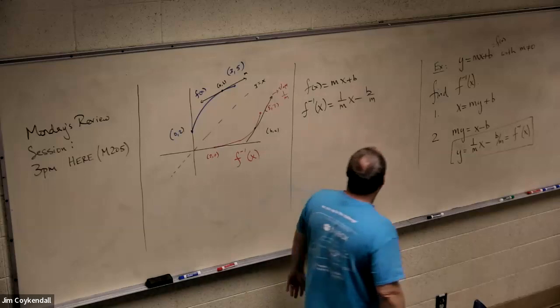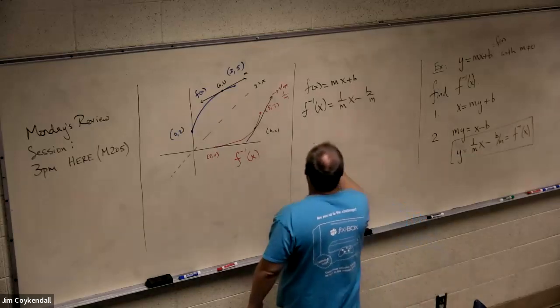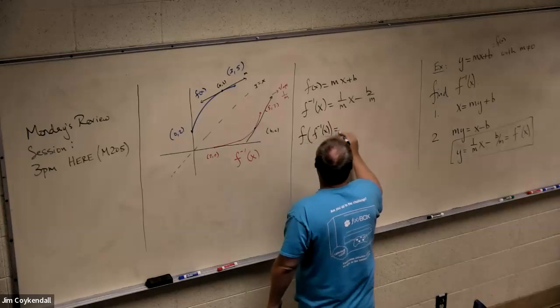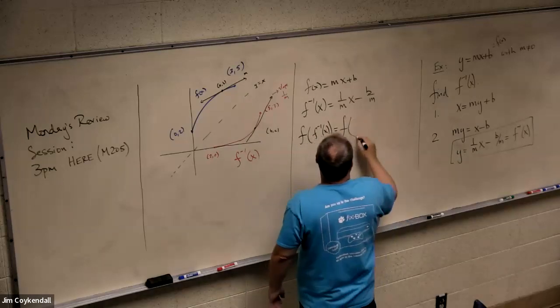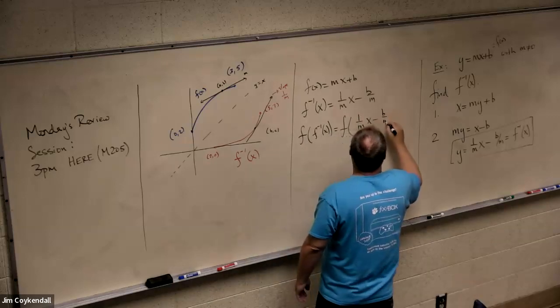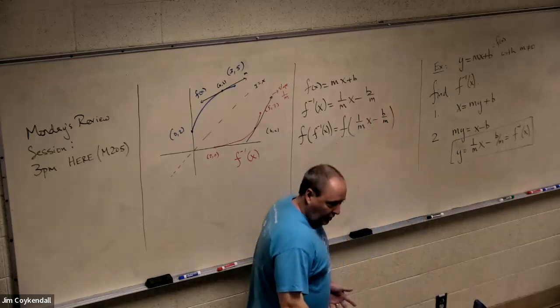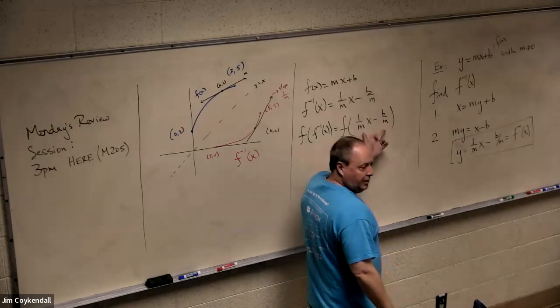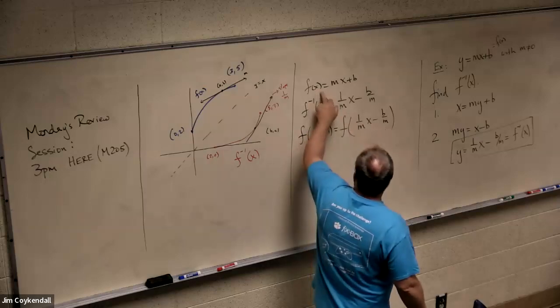Check it. And here's what you can check. Let's look at f of f inverse of x. This is f of 1/m x minus b over m. Okay, so far. Now, I'm doing f to this big blob. And what does f do to a blob?